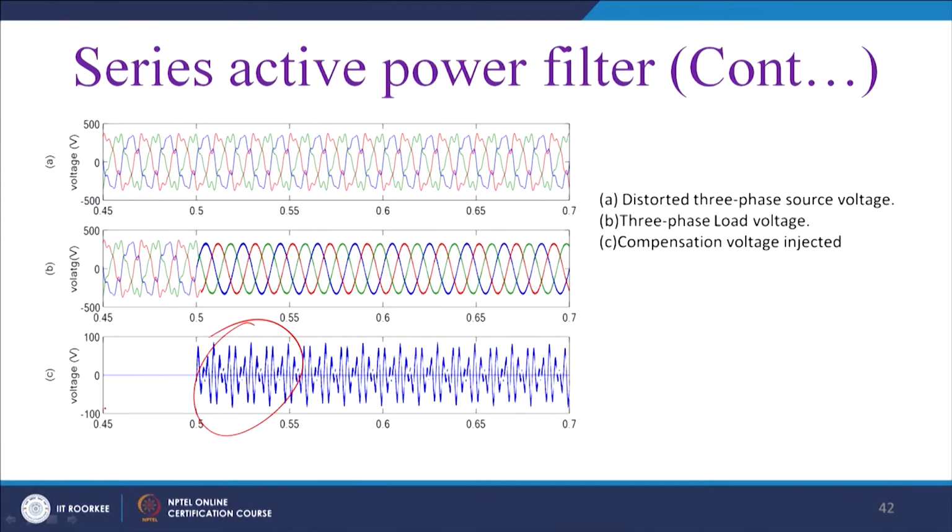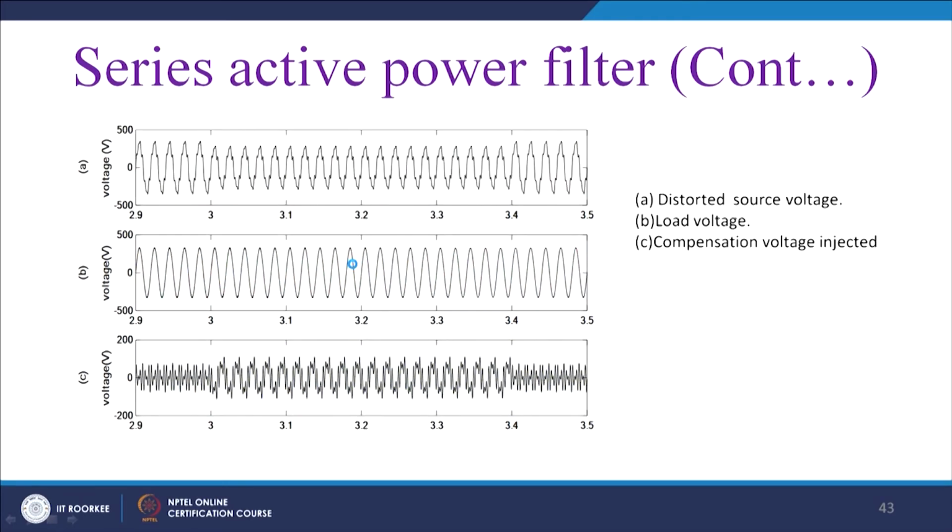Now, this is an example of the simulation. The voltage has been distorted by notches, and this is the injection of the series active filter, and after this injection the line voltage becomes balanced and sinusoidal.